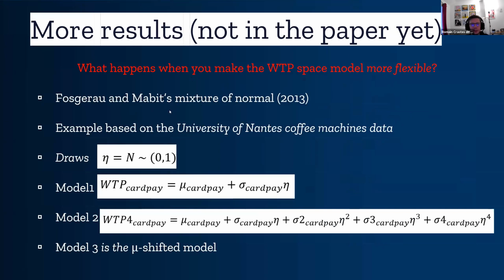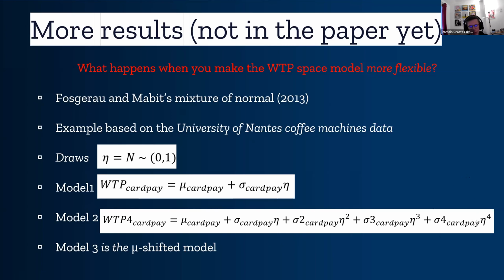So I have this example with the coffee machine data set, a choice between different coffee machine improvements. One of the attributes is whether you can pay by card or not. It's normally distributed because people either like or dislike it. And I did indeed try the Fosgerau-Mabit mixture of normals, with a polynomial of order 4.